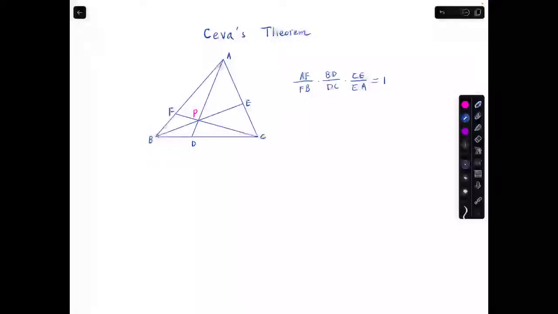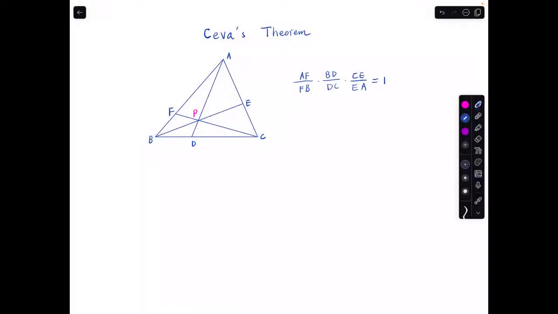All right, so today we're going to look at Ceva's theorem, which is a very commonly used one in competitive math.